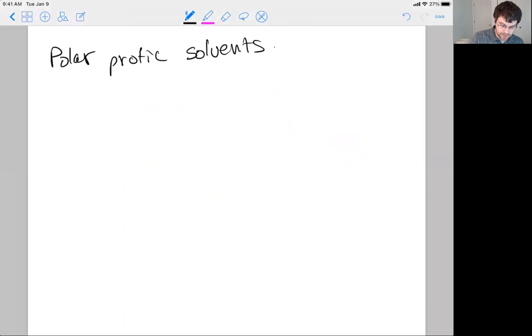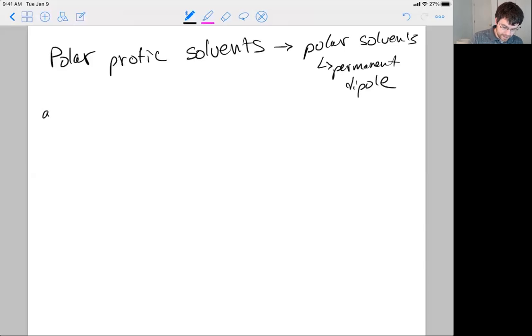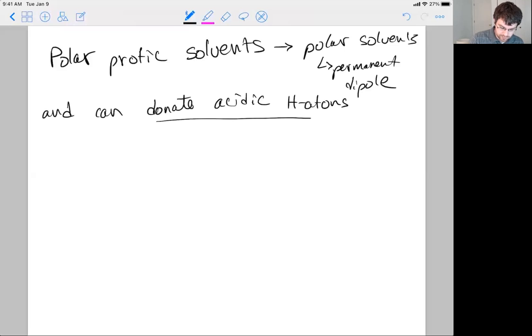Polar protic solvents are polar solvents, so they have permanent dipoles, and they can donate, or they have acidic hydrogen atoms. And that would be protic.